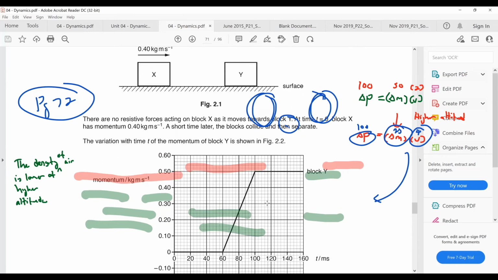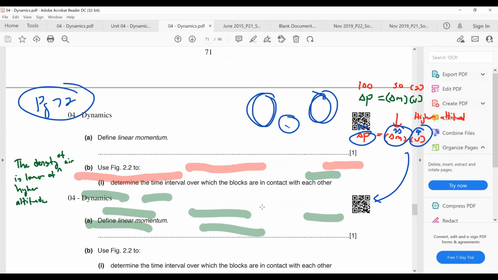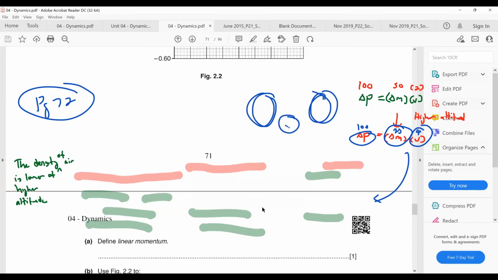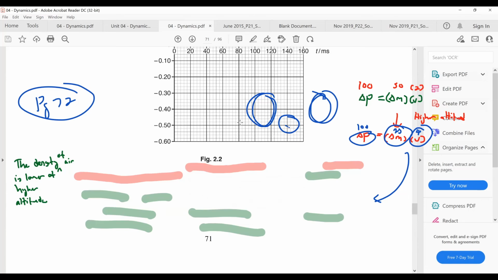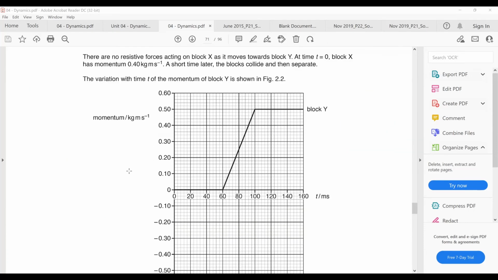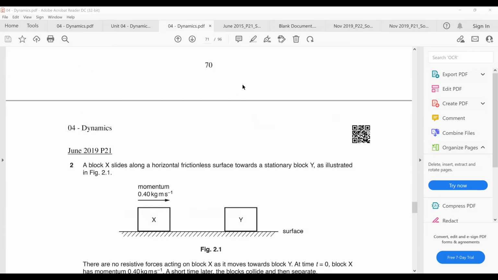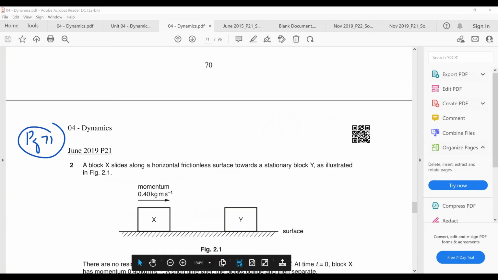Just have a look at page 71. Your beginning of your question is page 71. This one is another question, June 19 P21.